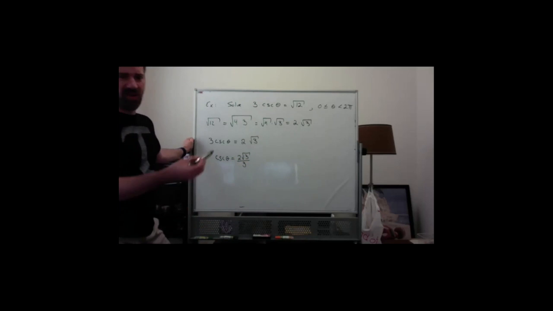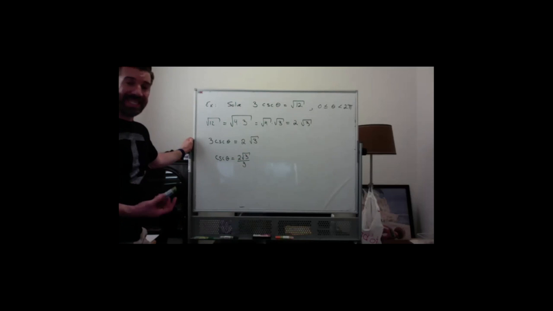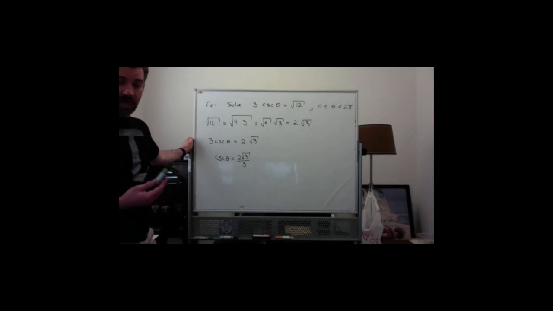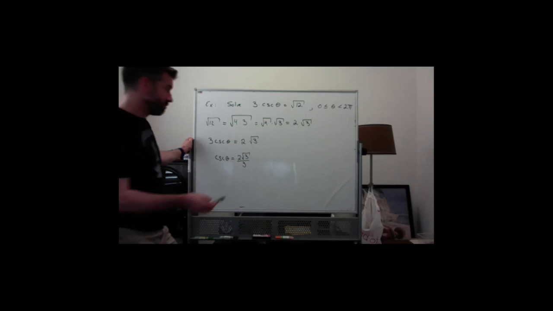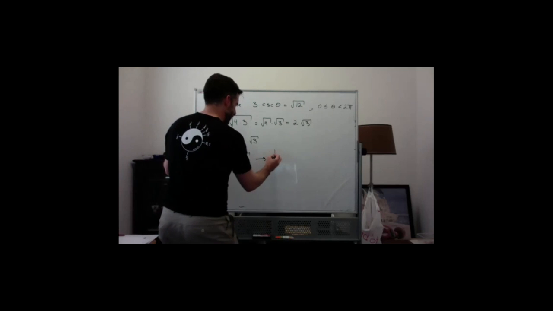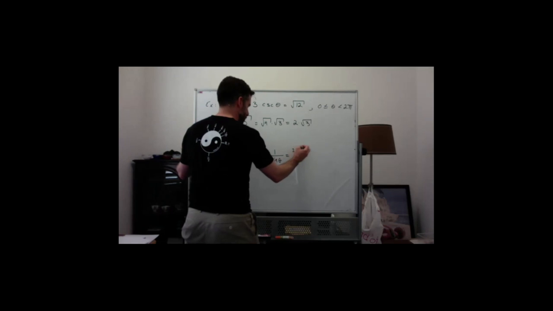Now, I know that that's a value that cosecant usually equals, but it is not one that sticks in my head very well. So here's what I would usually do. I would change cosecant into 1 over sine. I would write this as 1 over sine of theta equals 2 root 3 over 3.